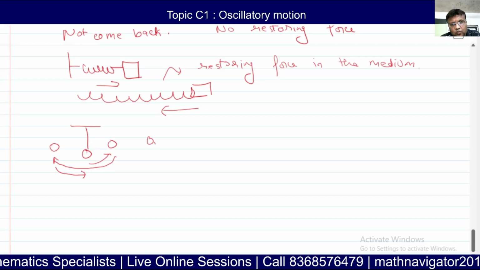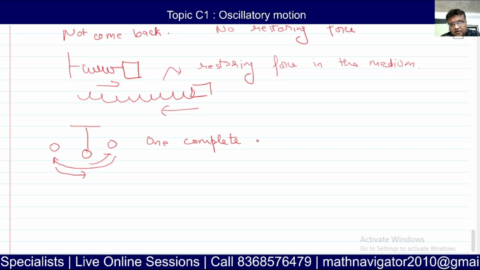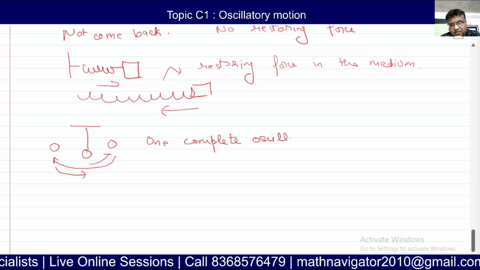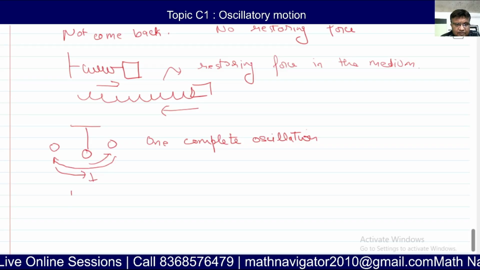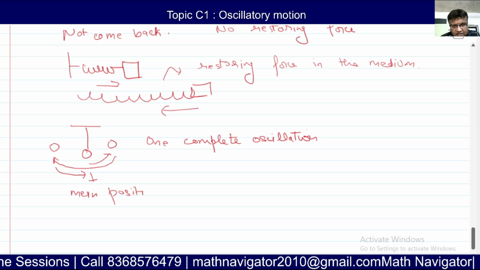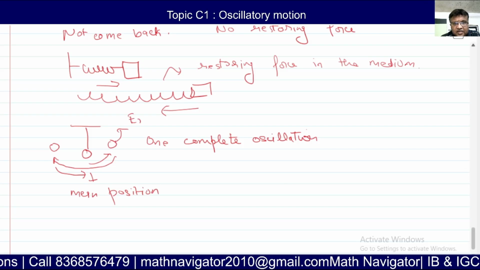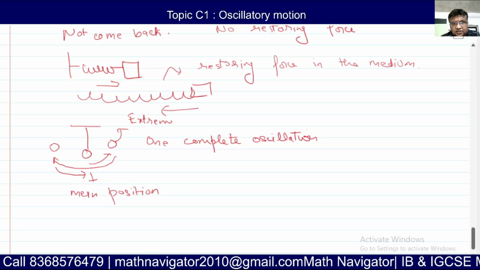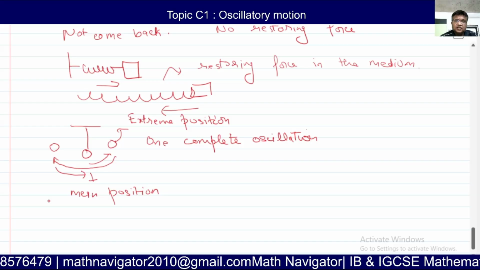This is called one complete oscillation. This is called the mean position, and this is called the extreme position. Got it?